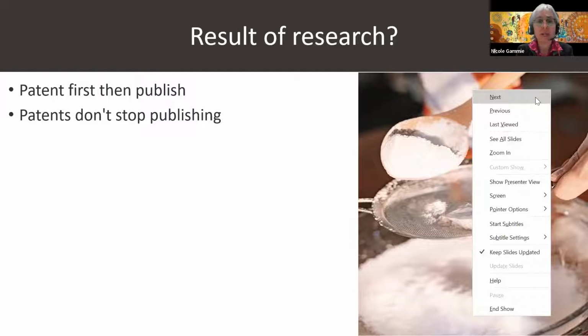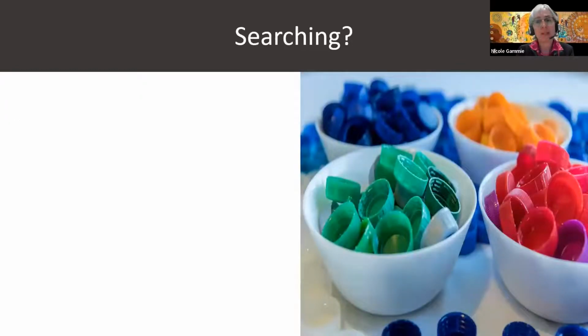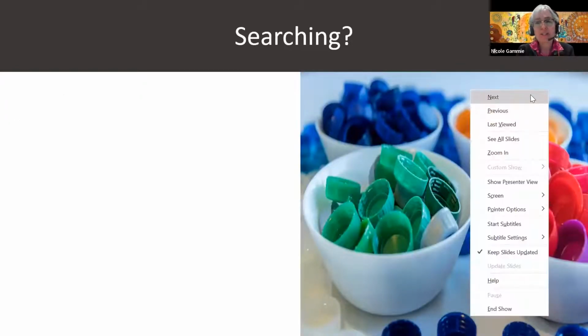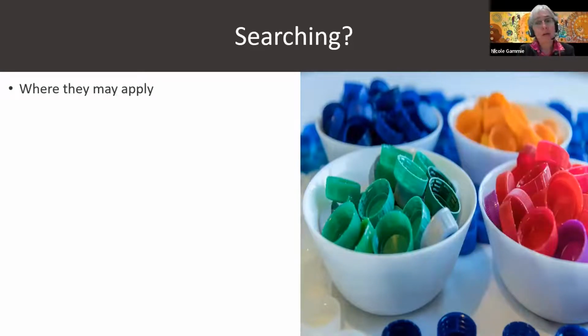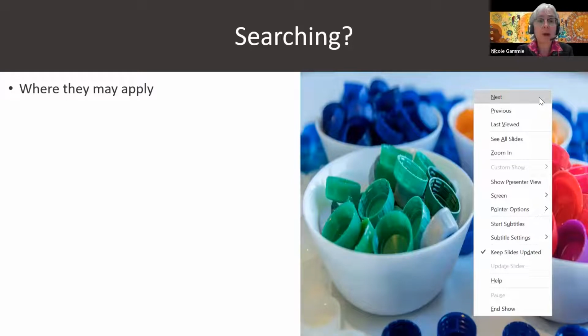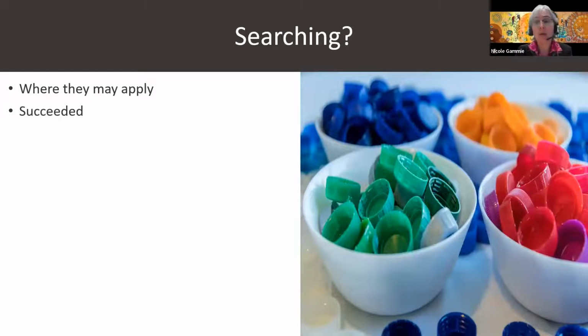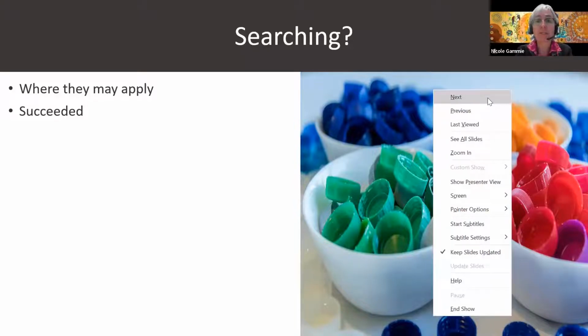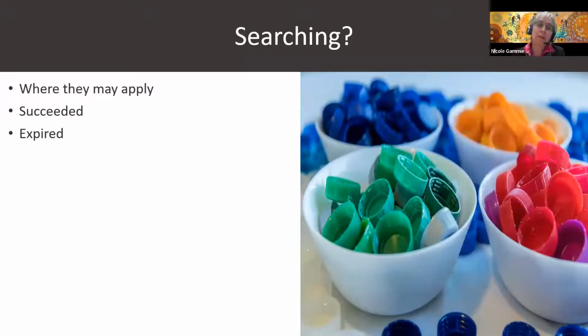Alrighty, let's have a look at the Evel Knievel of searching. As I just mentioned, because we've ended up with legal components, we need to think about, and I mentioned earlier too, where they apply. So you need to think about what countries and therefore what databases are actually worth considering. There is overlap and there are things that can help you out.